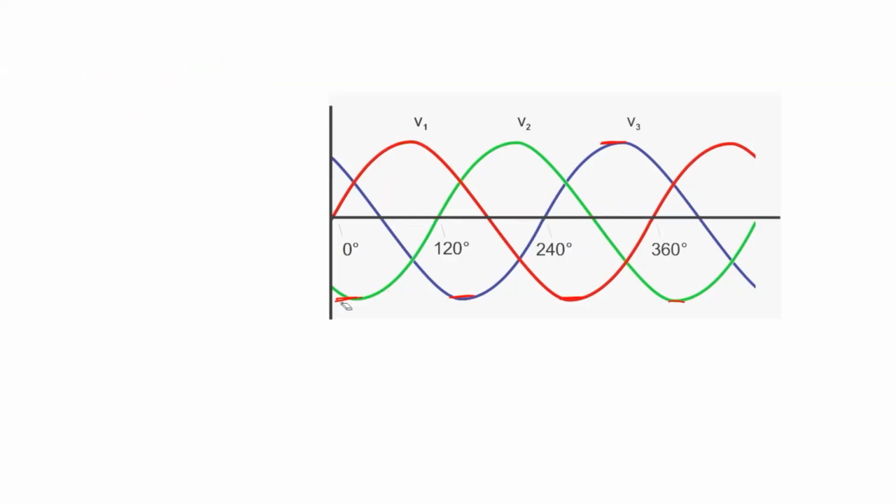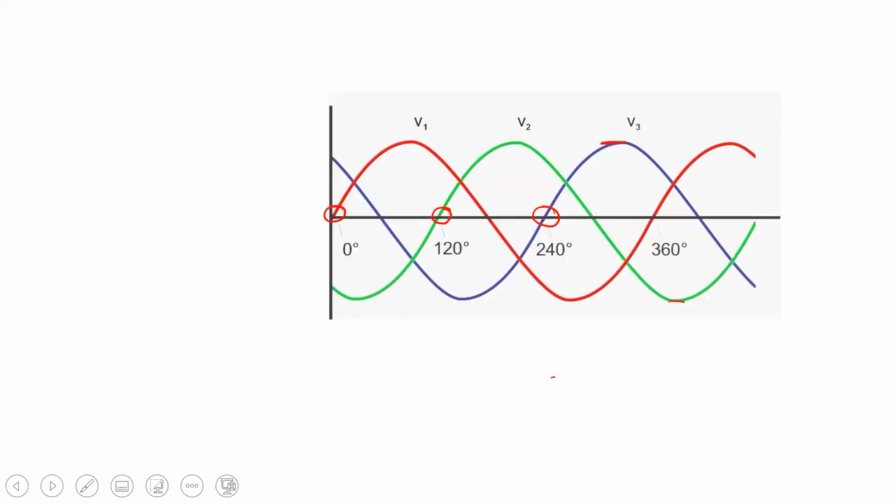For example, this red one is one phase, and this green one is displaced by 120 degrees. Again, this is displaced by another 120 degrees. This is how the three phase system is developed.